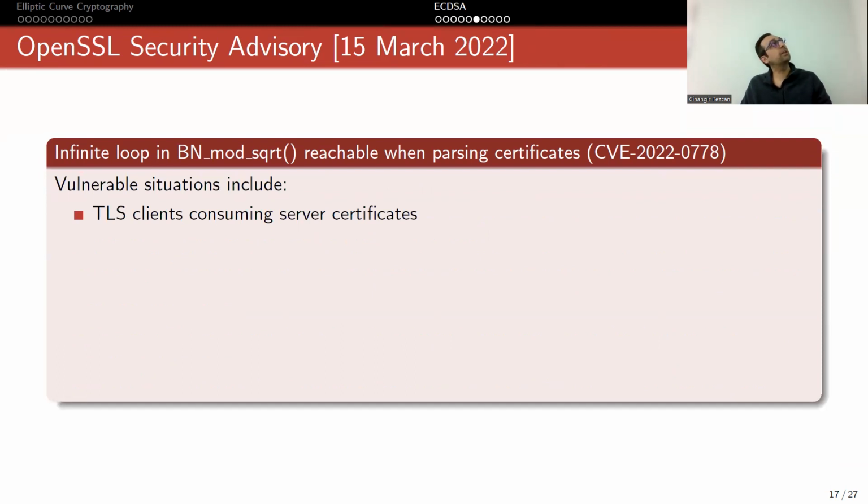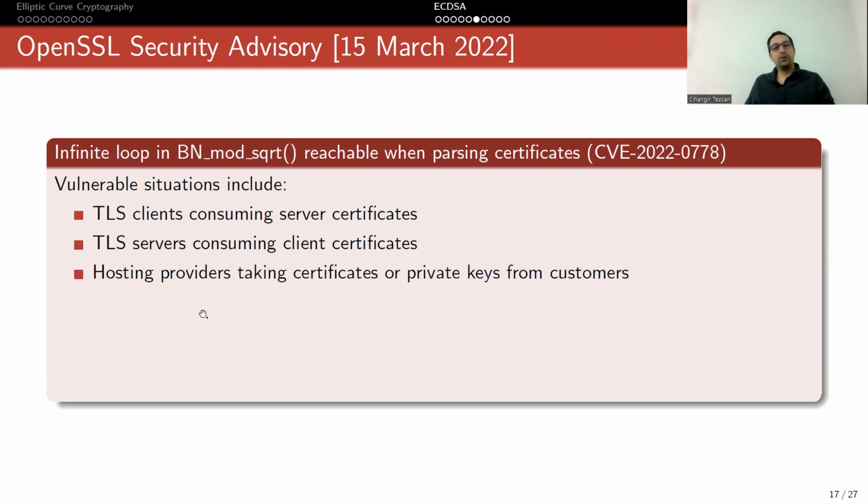So what are the vulnerable situations? They include TLS clients consuming server certificates. So you're a client, you want to visit a web page or a server, they give you these false certificates, so they put you into an infinite loop. Or you can do the inverse. You can attack the server by doing the same thing.